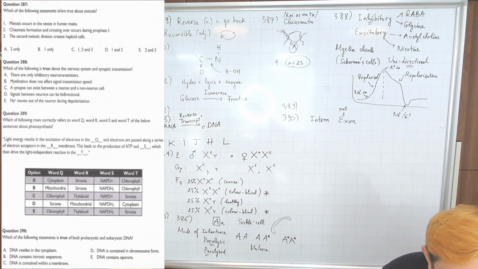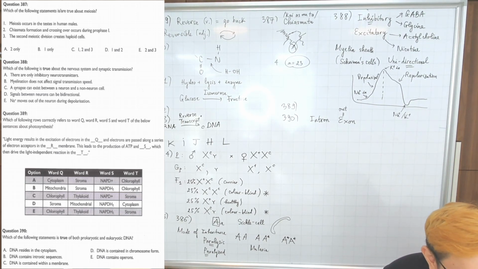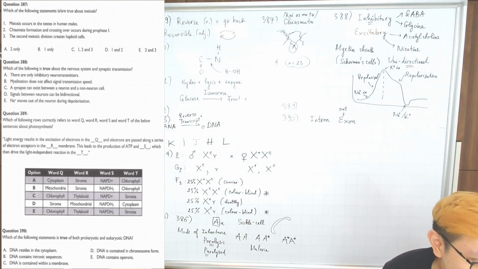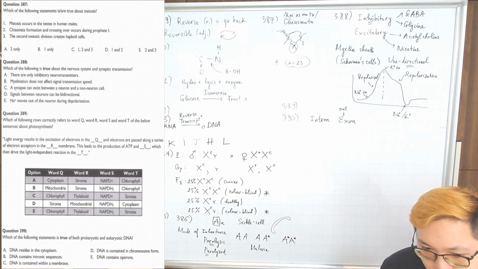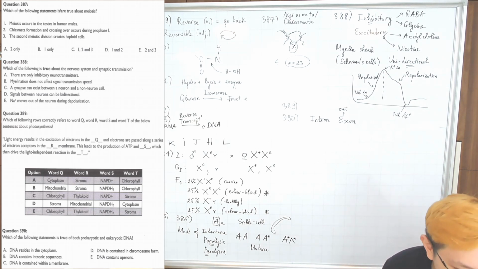E. DNA contain operons. Operons. Ever heard about lac operon? So basically, operons are a sequence of genes to code for a specific protein. Một cái đoạn gene để mà nó mã hóa cho một cái protein cụ thể, nó gọi là operon.